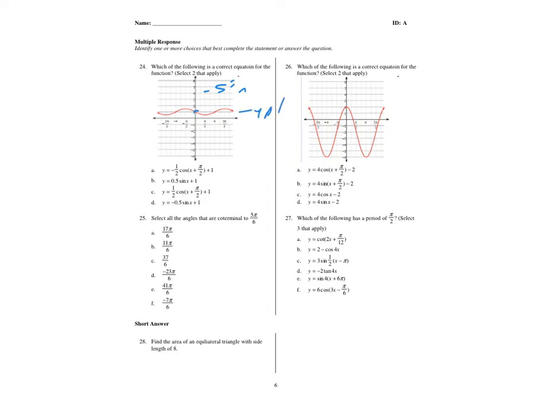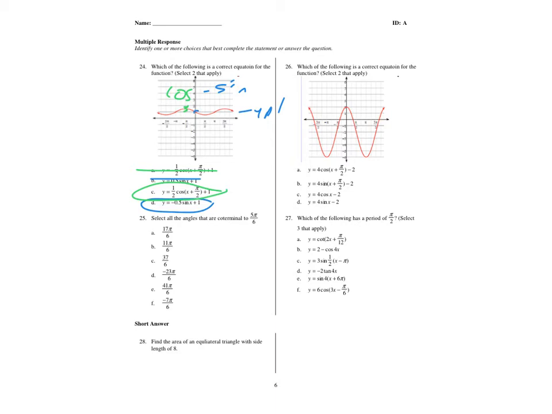So a negative sine with an up 1 shift, I'm going to say it's not B, but it is D. Now, to be a cosine, let's see what we can do here. So both of these are shifting left pi over 2, so they're saying to start right here. And if I'm starting back negative pi over 2, that would be a positive cosine. So I'm going to cross A off and select C.